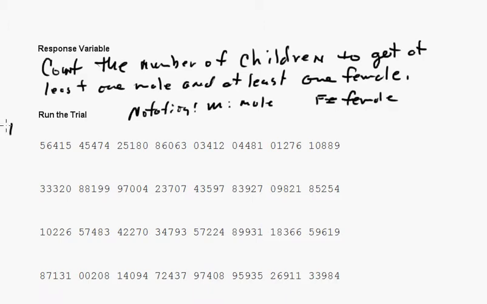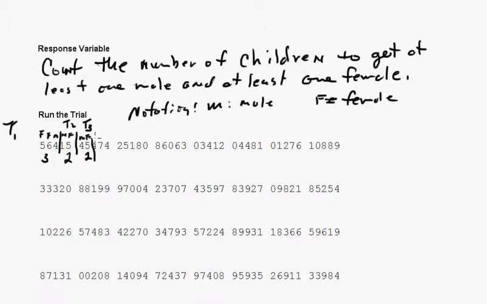Okay, so here we go. Let's have some babies. So a 5 would be a female, and then a female, and then a male. Okay, so that's 3. Then we have a 1, so that's a male, and then a female, and then we're done. That's 2. Trial 2: once again, we have a male and a female, so 2.